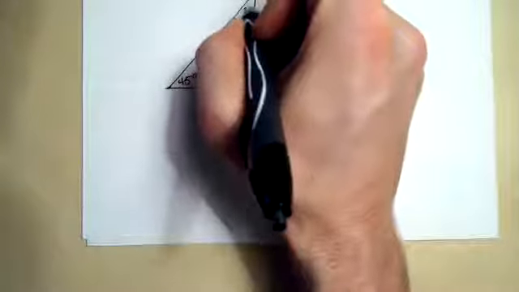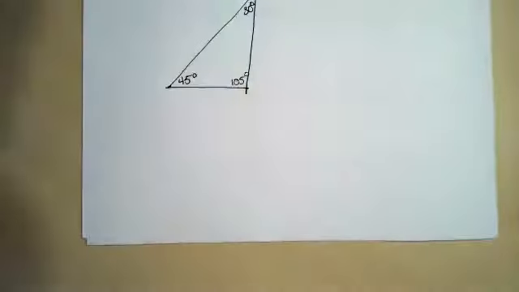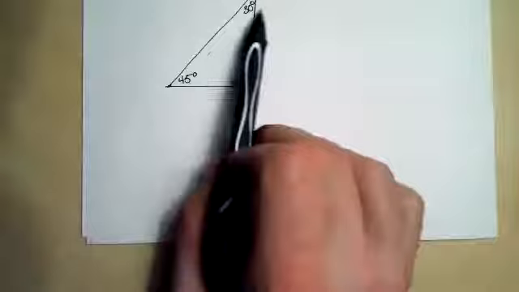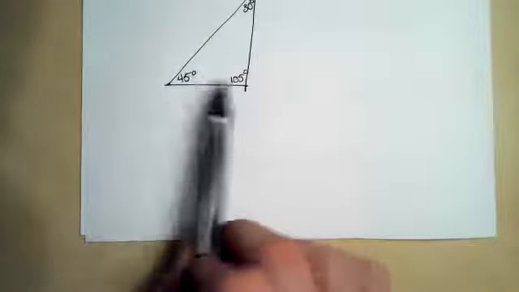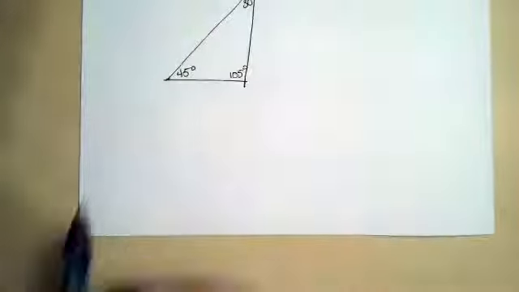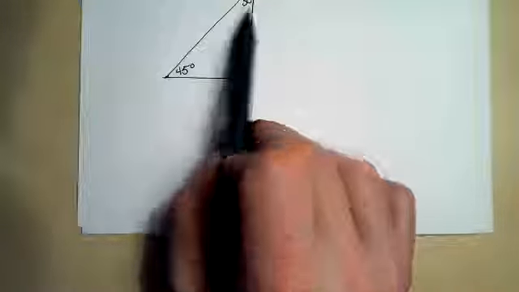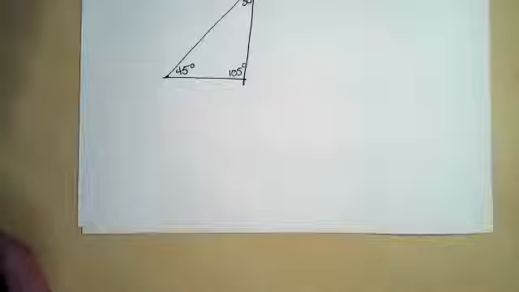And this angle is 30. So I guess I just filled in that angle. You can always find the third angle. I want to give you 2 angles, and then of course the third one you can solve for. So I did 45 and 105 is 150. So that makes that one 30 degrees. So let's pretend I didn't give you that yet.